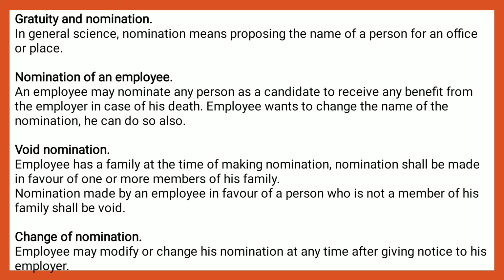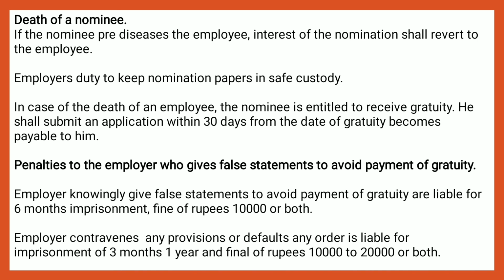It is the employer's duty to keep the nomination papers in safe custody. When can the nominee claim the gratuity amount? The nominee shall submit an application within 30 days from the date the gratuity becomes payable to him.